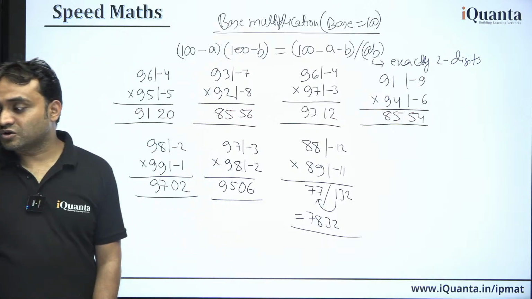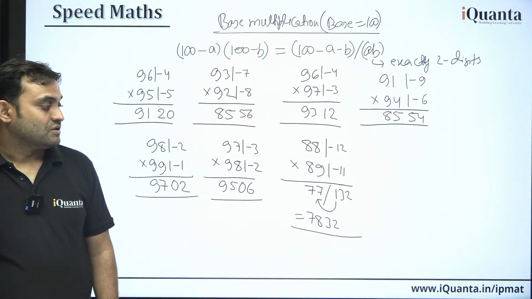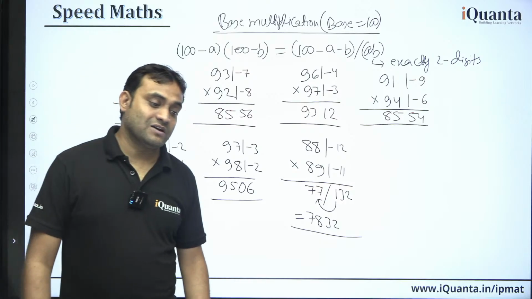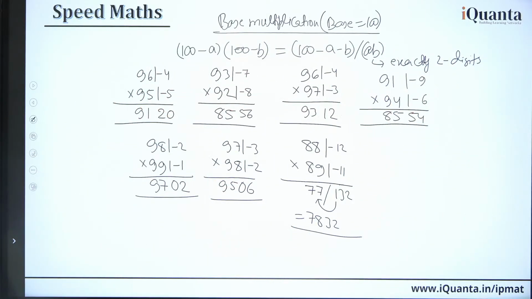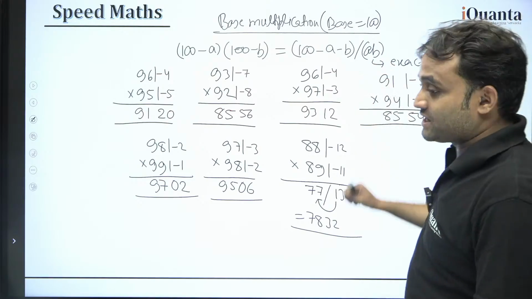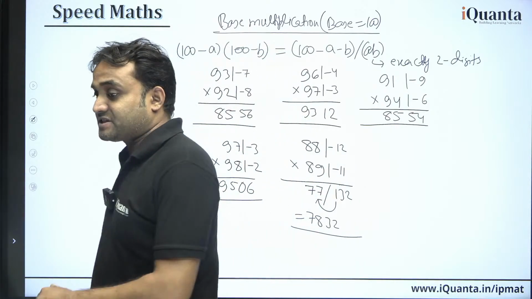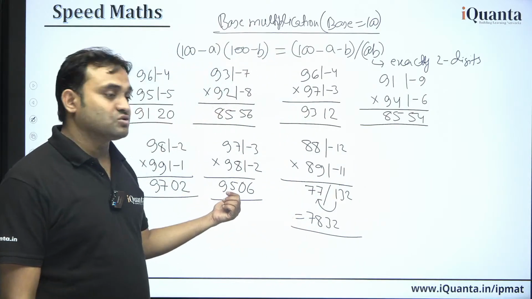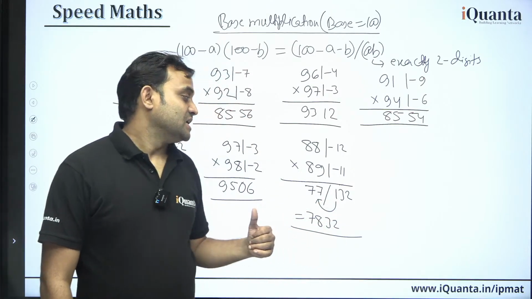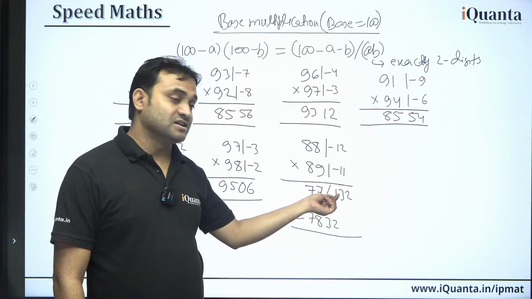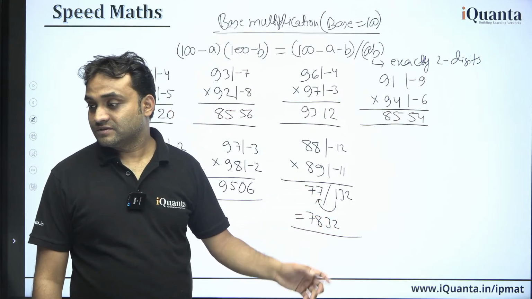So you can also do this calculation when numbers are a little farther from 100, when the product of surplus is a 3-digit number. The product of surplus A and B could be single digit. If it's a single digit, add 0 to the left. If it's a 2-digit, keep it as it is. If it's a 3-digit, take the 3rd digit to the left side and add it.